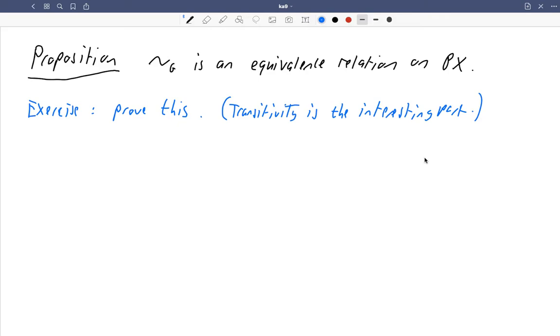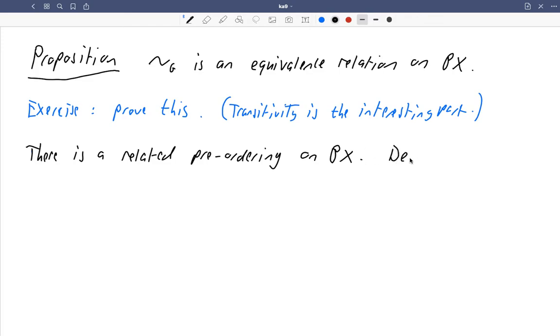So there's an induced preordering on the power set of X, on all subsets of the set that the group is acting on.